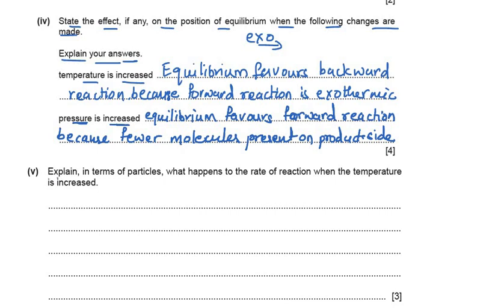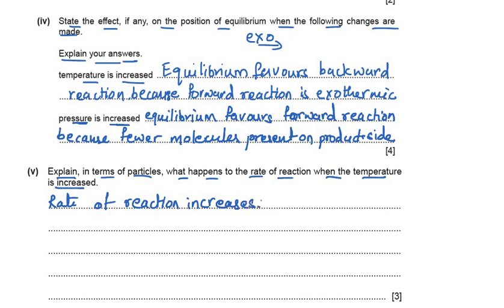Now the next sub question says, explain in terms of particles what happens to the rate of reaction when the temperature is increased. Now we know that the rate of reaction increases on increasing the temperature, that is fixed.